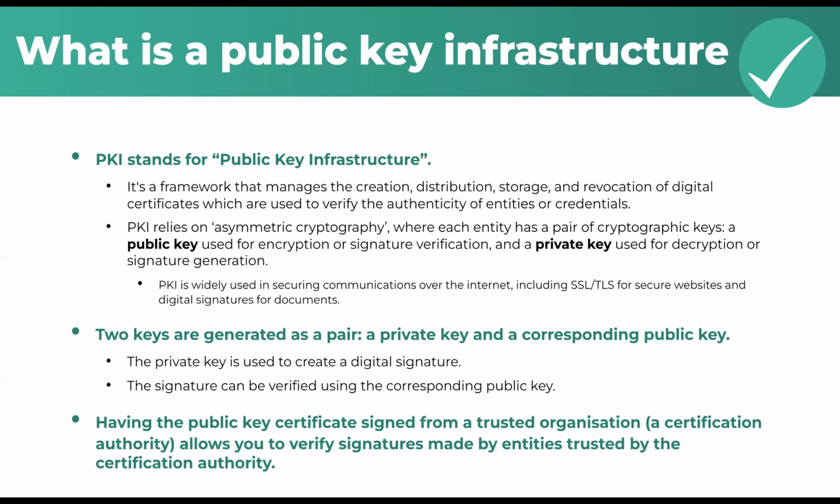So first off, what is a PKI and how can it allow age assurance providers to have interoperability? PKI stands for Public Key Infrastructure, and it's a method which can be utilized to confirm the authenticity of a digital proof of age.